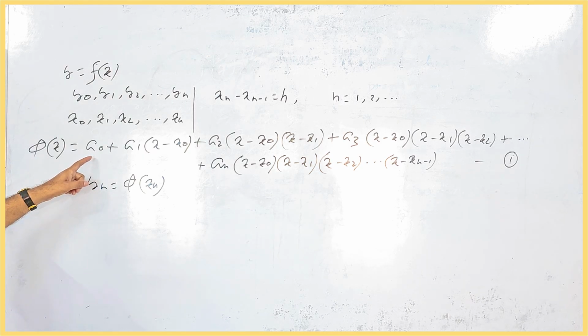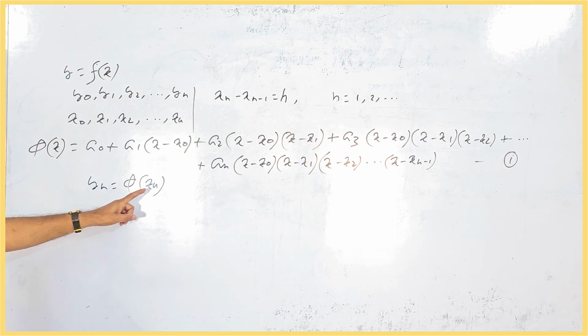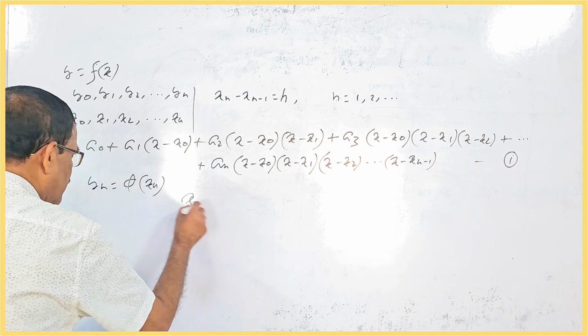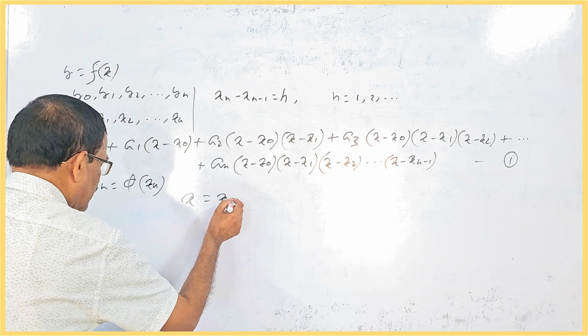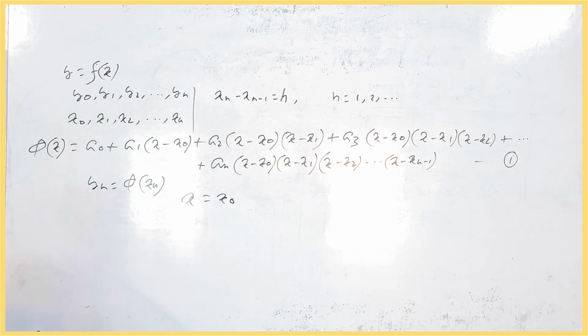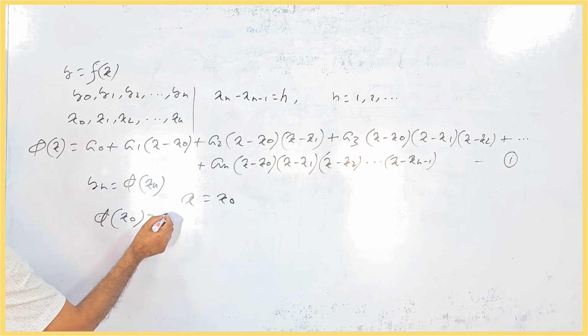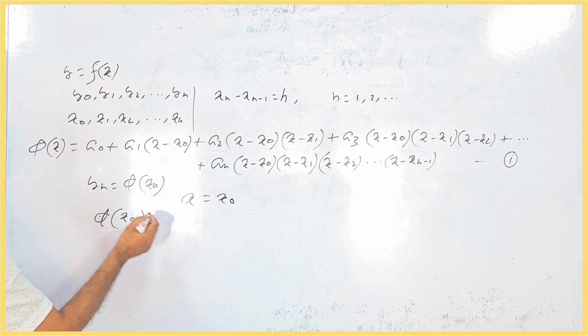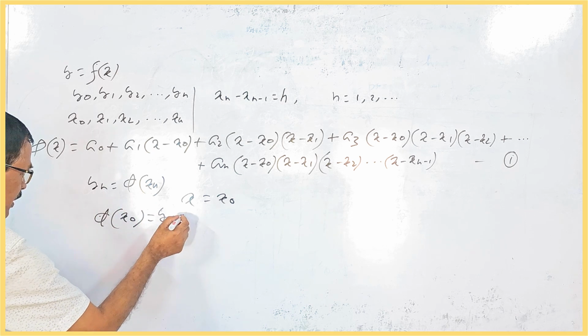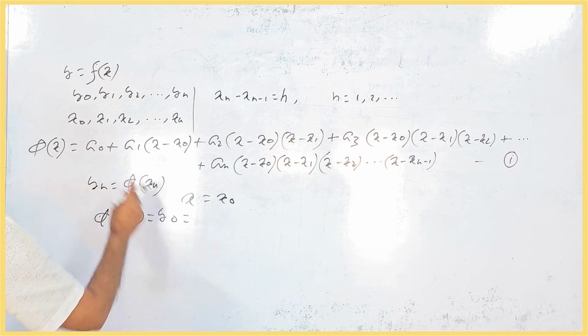And for doing this, first I will put x equal to x0 in equation 1. If I put x equal to x0 in 1, then I get phi of x0, which by definition is y0, on the left hand side, and on the right hand side it is a0.